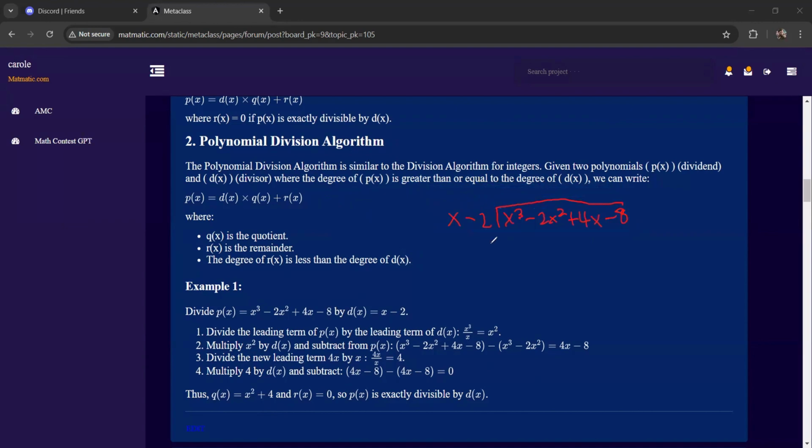Okay, so essentially, we can first start off by canceling the first two terms.